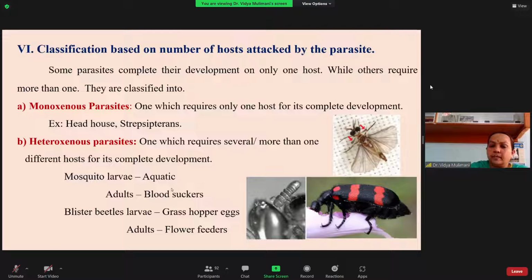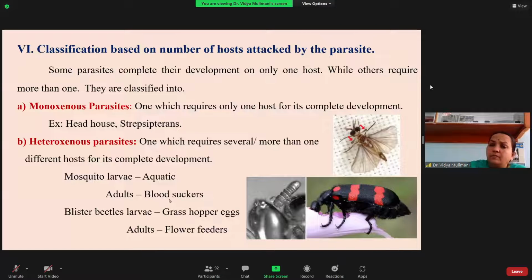When you look at the adult itself, how many meals is it taking? It is attacking more individuals, that is humans, for fulfilling its need for blood. So that is the number of hosts attacked by the parasite to complete the entire life cycle. Another example is the blister beetle larvae. The first instar, the triungulin, feeds on the eggs of the grasshopper, whereas the adult is a flower feeder.